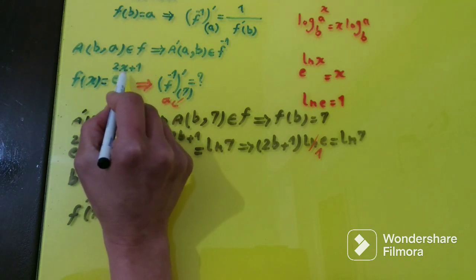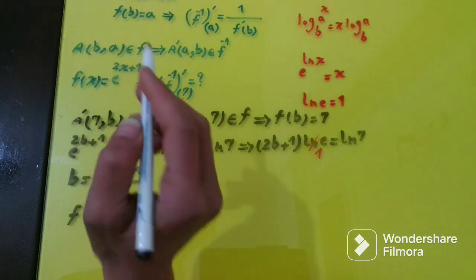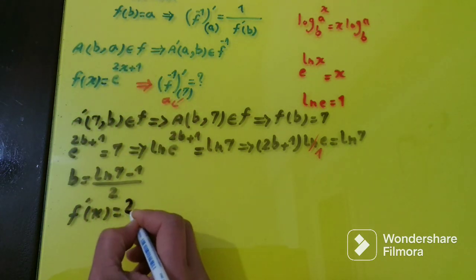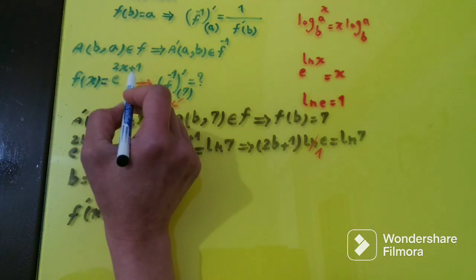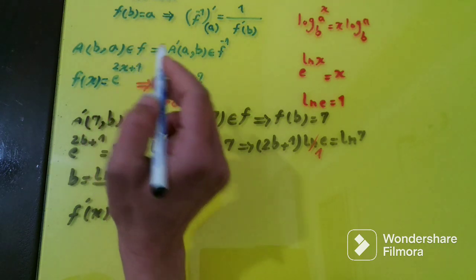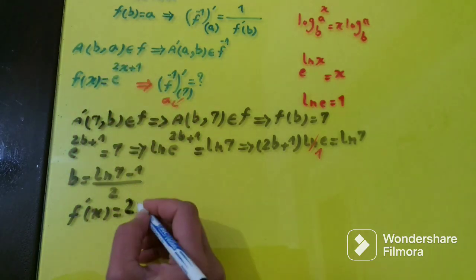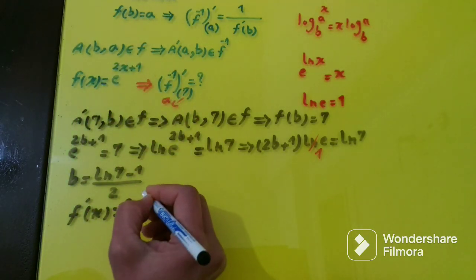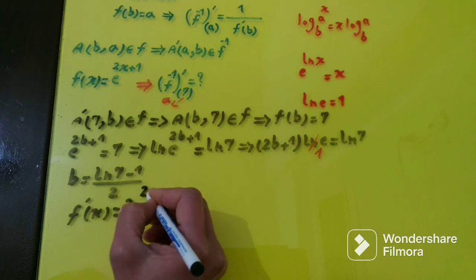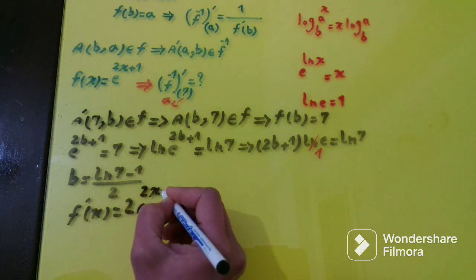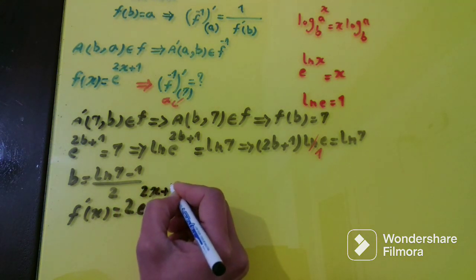The derivative of this term is the coefficient, it's 2. The derivative of 1, as 1 has a constant value, is 0, times this term, e to the 2x plus 1.